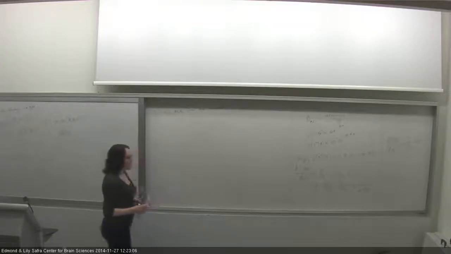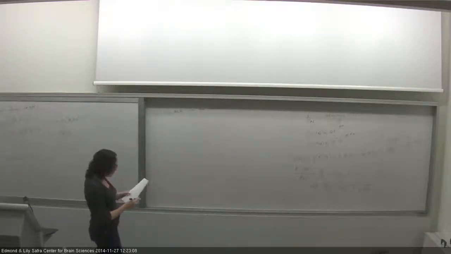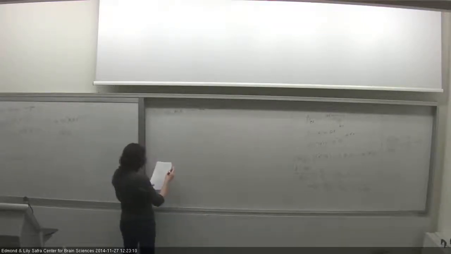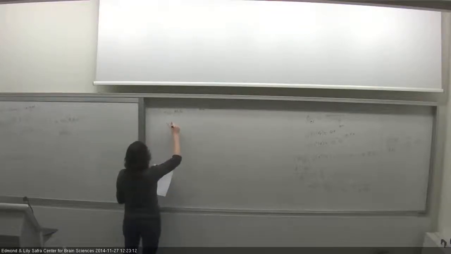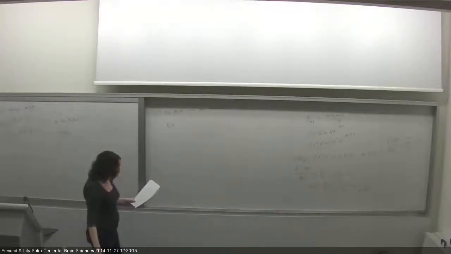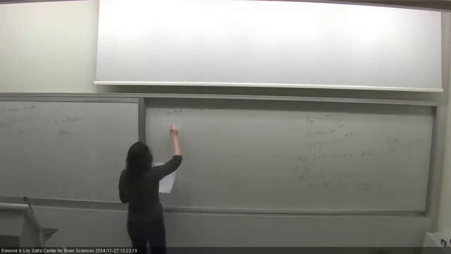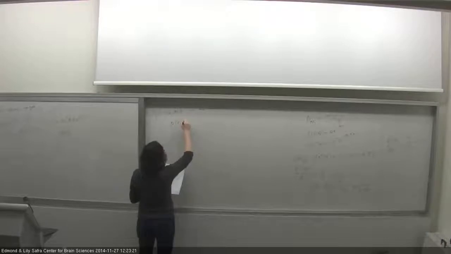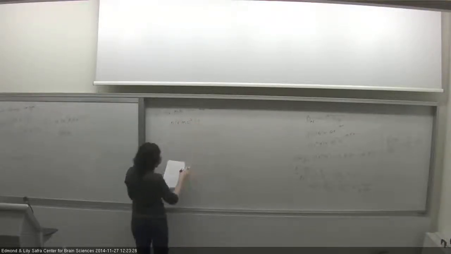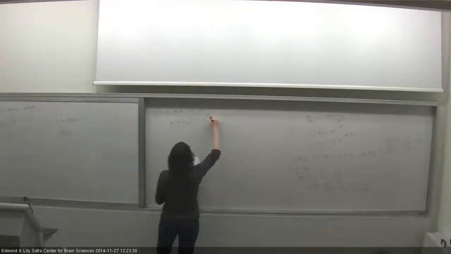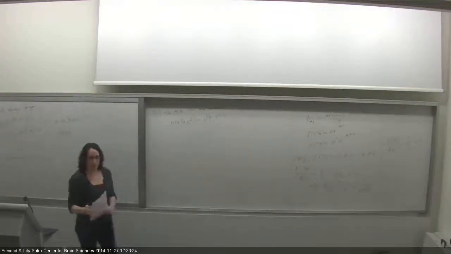We saw that for the normal distribution, let's suppose that x is normally distributed with mu and sigma squared, and suppose we don't know both parameters, so we don't know the mean and we don't know the variance.